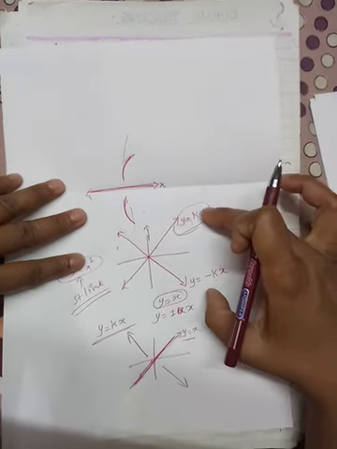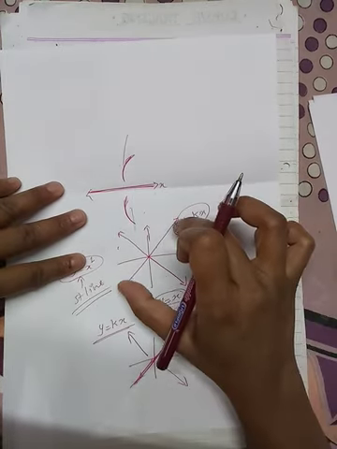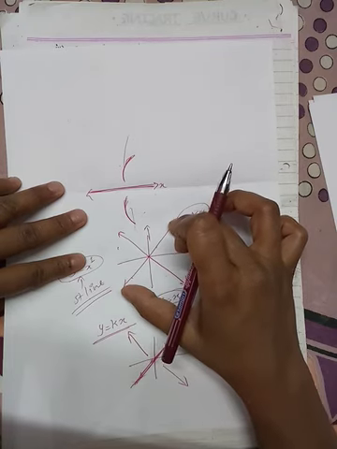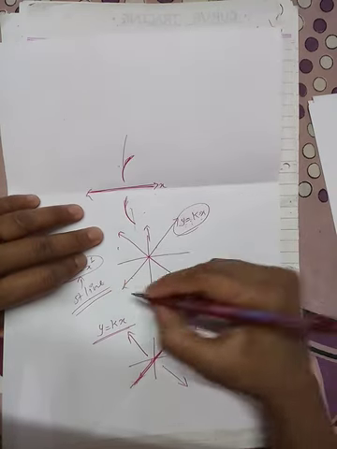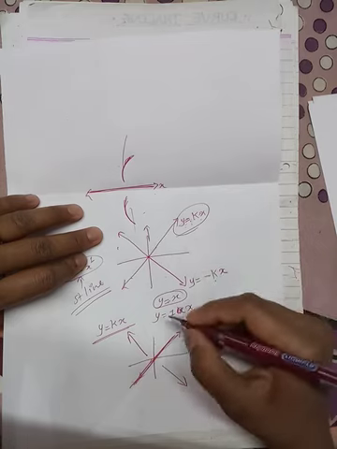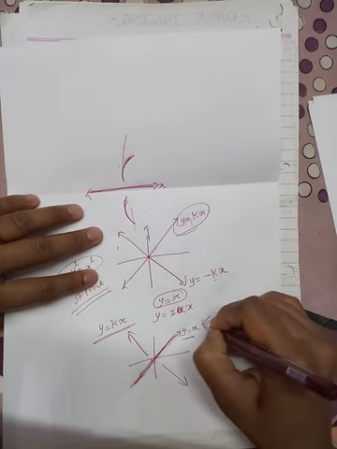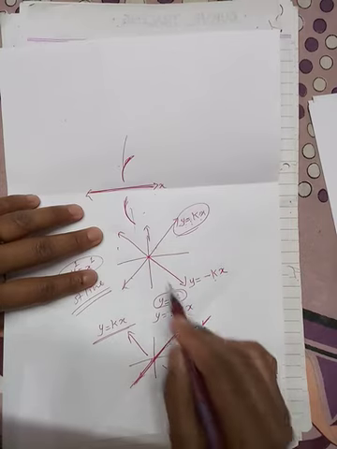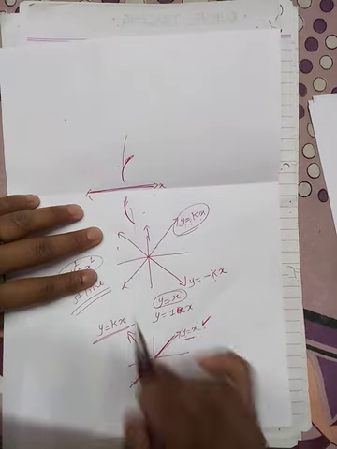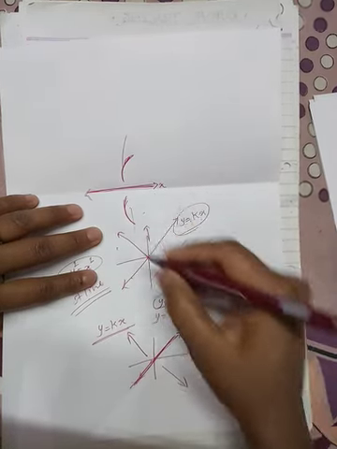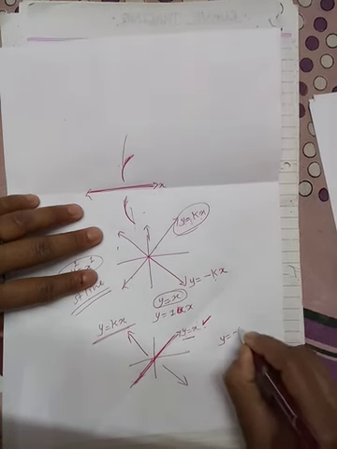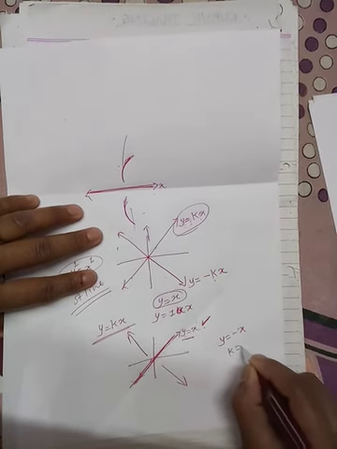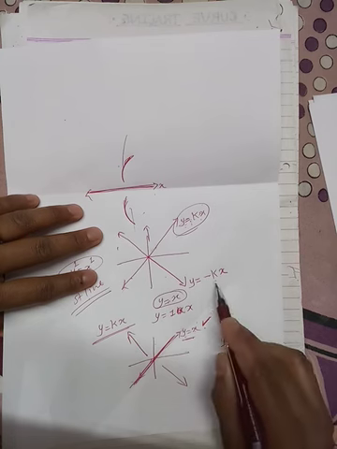These equations are fixed and the nature of the straight lines are also fixed. So this is your y equal to kx. In particular, y equal to x is given, and the nature of the y equal to x line is the same as this y equal to kx line, where k is equal to 1.